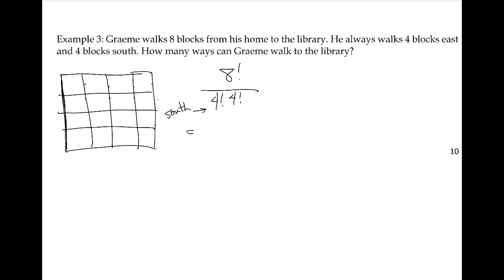Because it could be this one, this one, this one, this one, or this one. But that's all still within the first block of going south, so it doesn't really matter. Okay, and then same thing with going east. It's 1, 2, 3, 4 options.